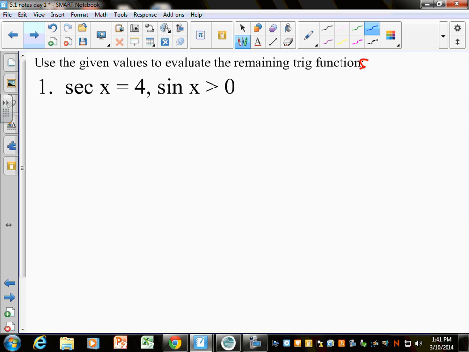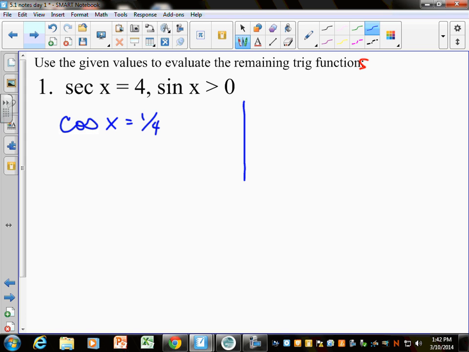If they tell you that secant of x equals 4, what other trig function do you know right away? Yeah, so you could at least get that much done, right? So if secant of x equals 4, I could say that cosine of x equals 1/4. And if cosine is positive 1/4, and if they tell me that sine is positive, what's the only quadrant where sine and cosine are both positive?